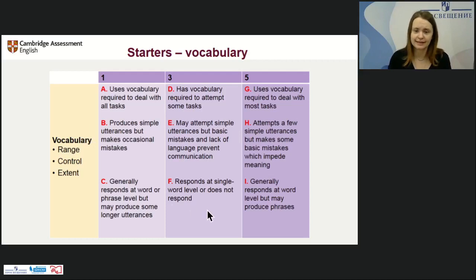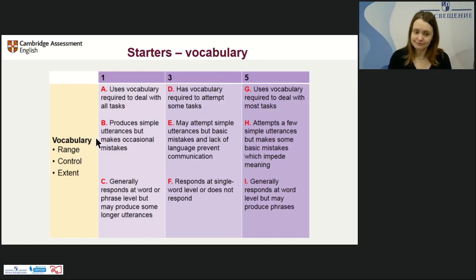So all these letters are in the wrong order or in the wrong column. So here you can see that the students can get 1 point, 3 points, or 5 points for their vocabulary. Of course, there is a 2 and a 4, but it's something between.